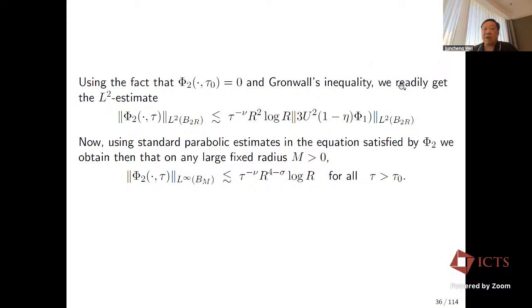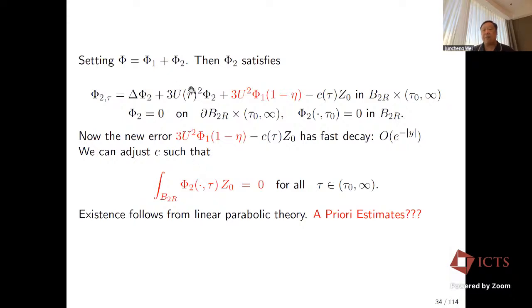Then you get 1 over R squared, and use the Gronwall inequality. Then we can get the L2 estimate, which also loses R squared, and by using the standard elliptic theory, we get that the L infinity loses like R to the 4 log R, in any finite region. But after some finite region, say R greater than 10 or so, this satisfies the maximum principle.